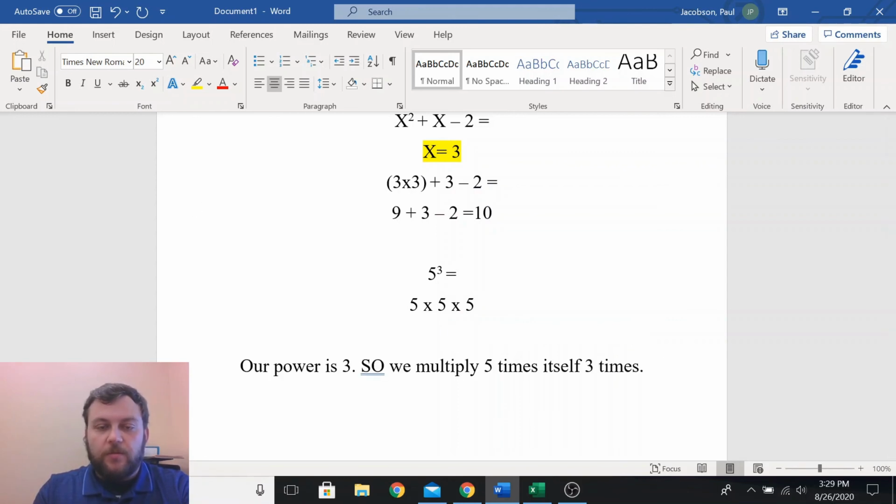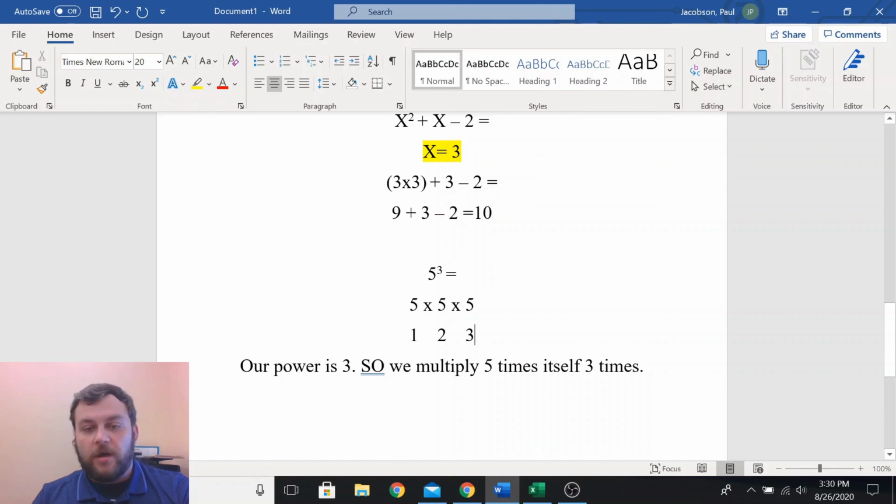So we have a 1, 2, 3. See, there's 3. We multiplied 5 by itself 3 times. So that would equal 125. Right?